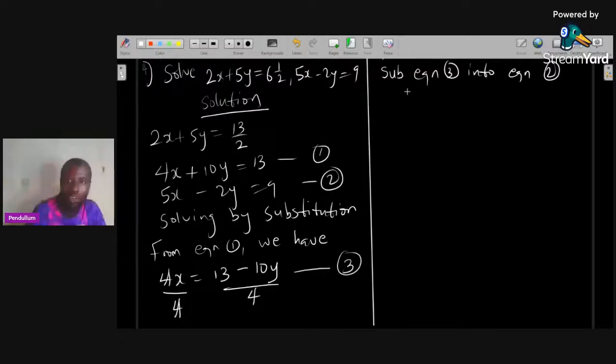So we have equation 2 as 5x minus 2y is equal to 9, and x is 13 minus 10y over 4. So we replace this x here in equation 2 by this, then minus 2y is equal to 9.